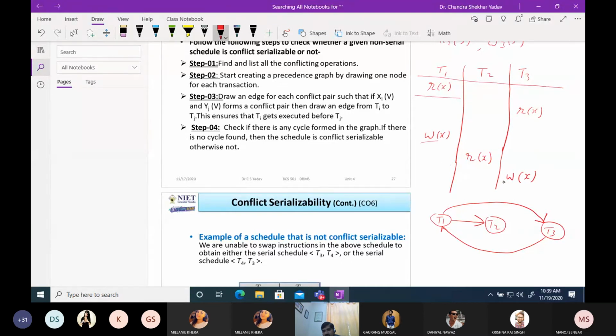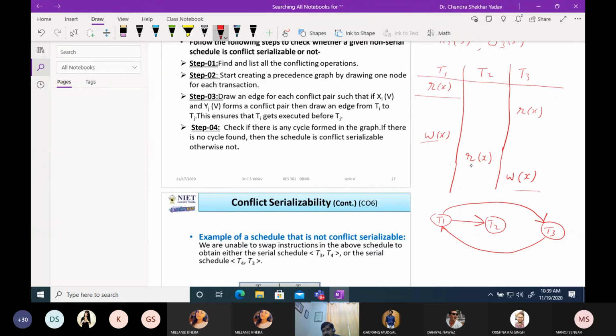Then we will see this with this. Conflict, and we will draw an edge from T1 to T3, which already exists. Then we will see this. Here conflict occurs.